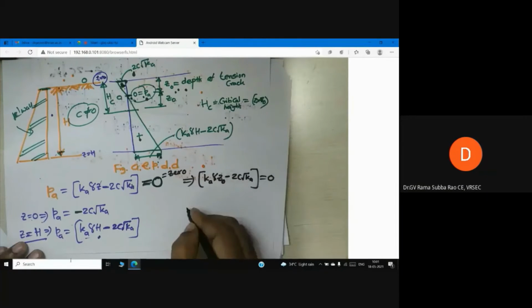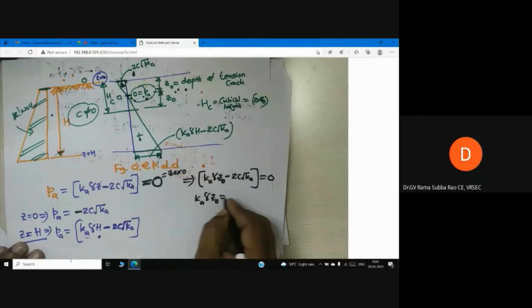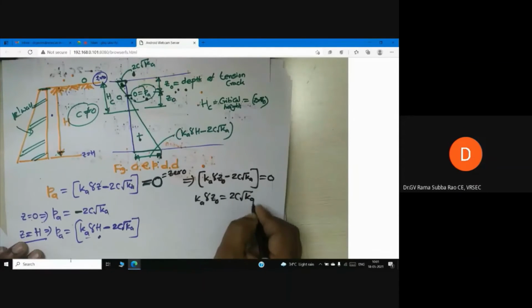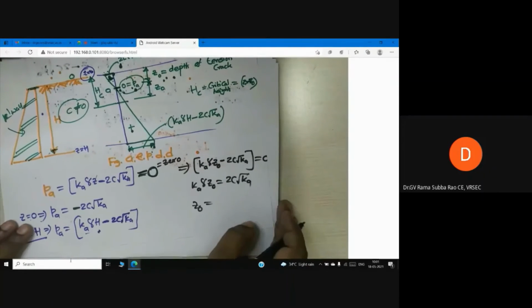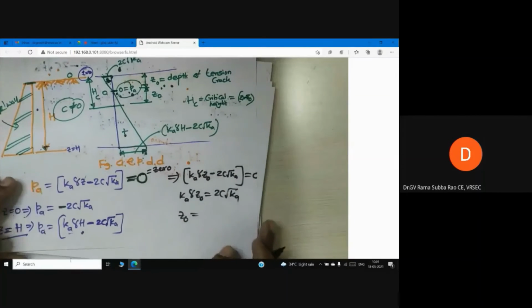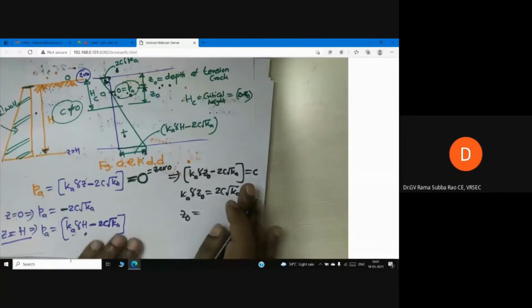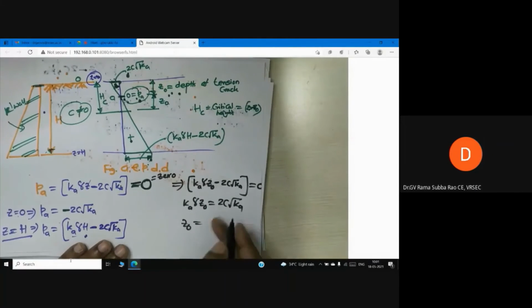Now what is Z naught? I will go step by step. Ka gamma Z naught is equal to 2c root Ka, so Z naught is equal to 2c root Ka by Ka gamma. Now can anyone help me?